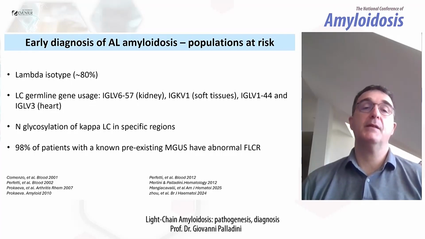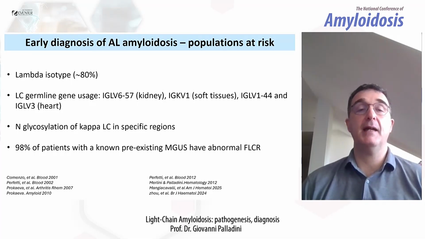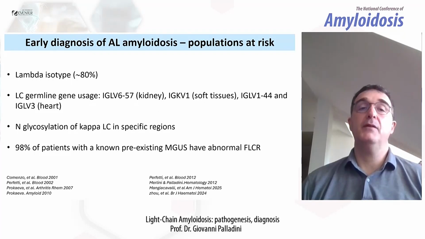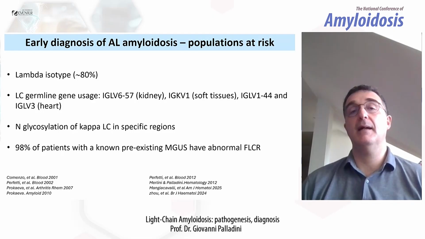Most patients with MGUS who then develop AL amyloidosis have a lambda isotype, but also kappa patients can develop AL amyloidosis. Some germline genes that can be used by the clone to synthesize the light chains, both lambda and kappa, are associated with a higher risk of amyloidosis and are associated with involvement of specific organs.